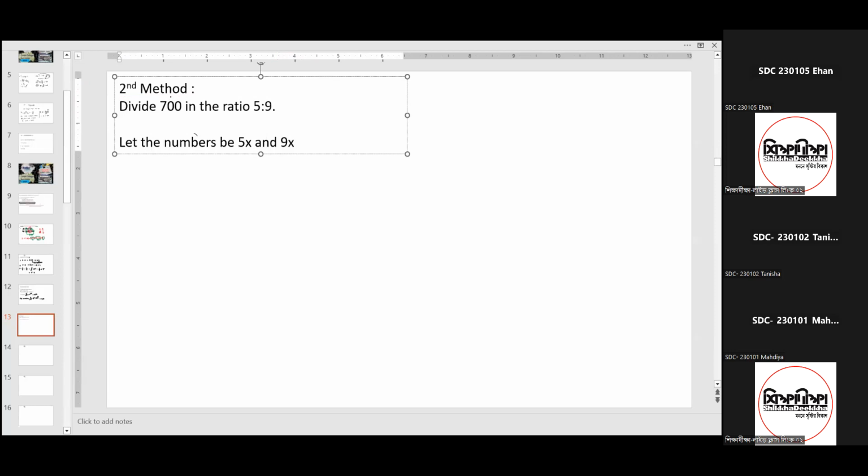HCF multiplied by the first number gives the first number. If HCF is multiplied by the second number, we get the second number. So now we can write down actually ATQ.